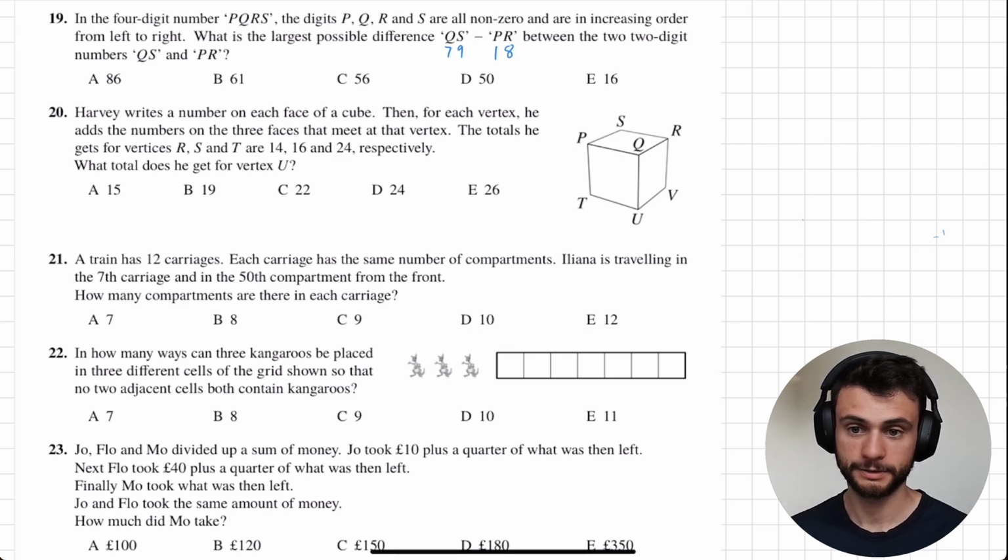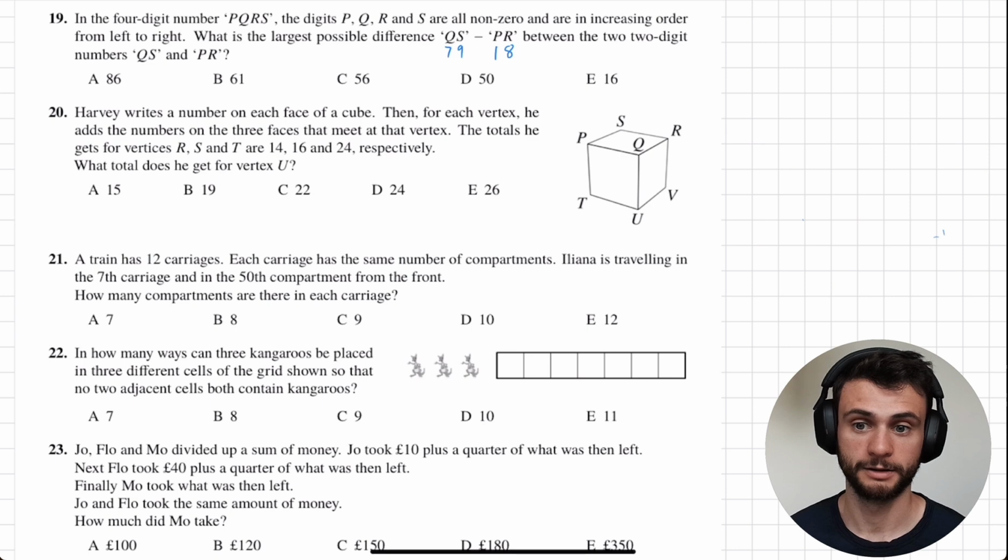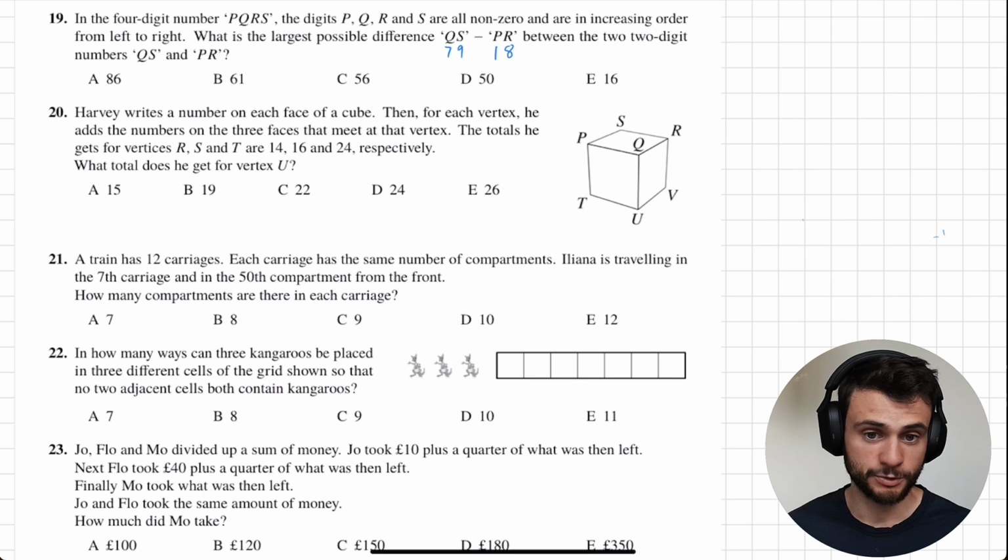Now, because R and S are both units digits, making Q be as big as possible is going to have much bigger influence on the overall difference between the two numbers than trying to minimize R, the units digit of PR. So this will be the biggest difference.